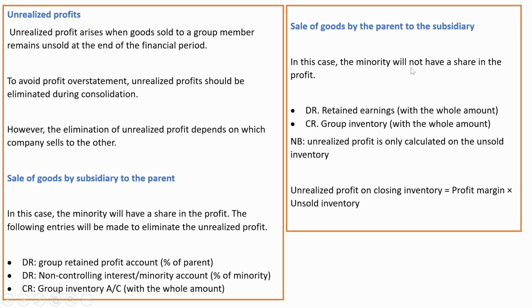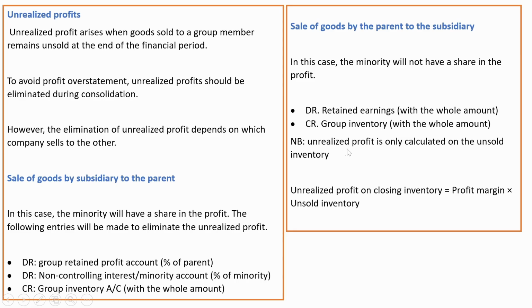In this case, the minorities will not have a share in the profit. The entries will be debit retained earnings with the whole amount, credit group inventory with the whole amount because there is no share for minority.